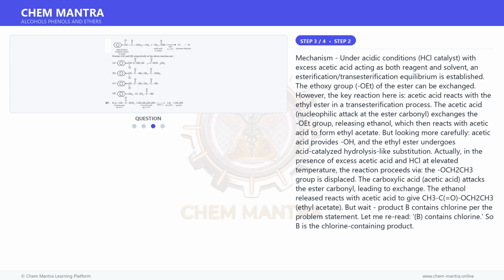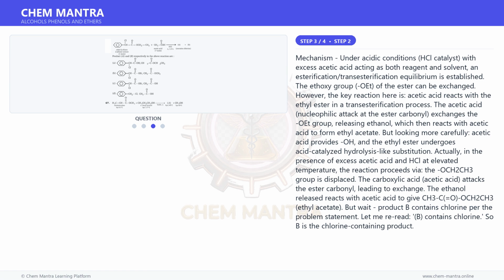Actually, in the presence of excess acetic acid and HCl at elevated temperature, the reaction proceeds via the OCH2CH3 group being displaced. The carboxylic acid, acetic acid, attacks the ester carbonyl, leading to exchange. The ethanol released reacts with acetic acid to give CH3C(=O)OCH2CH3, ethyl acetate.